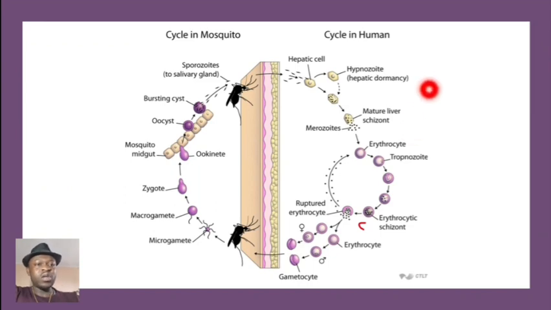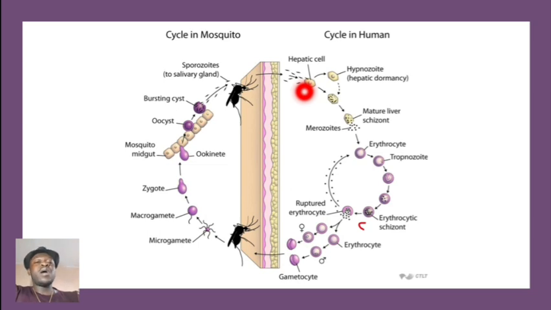On the right here, you can see the cycle in human, and on the left you can see the cycle in mosquito. In human, there are two phases: the hepatic phase and the erythrocytic phase. Let's start with the hepatic phase. At first you can see the sporozoites inside the hepatocytes.